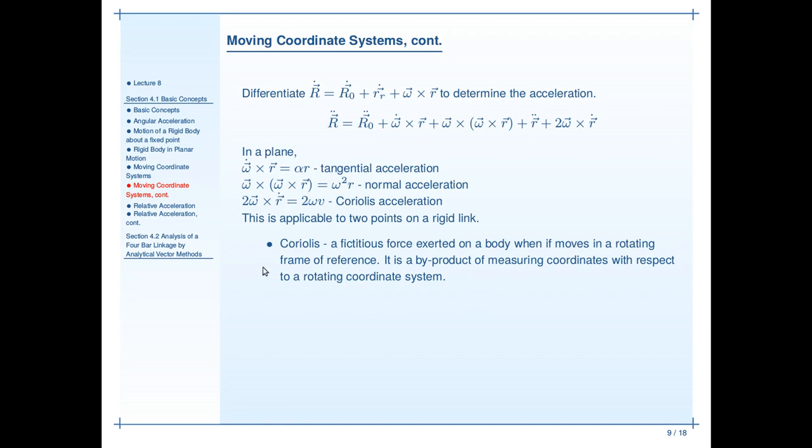It's a fictitious force exerted on a body when it moves in a rotating frame of reference. The byproduct of measuring coordinates with respect to a rotating coordinate system. So that's when you see it, and that's why you see it in meteorology, because the Earth is a rotating coordinate system, and we are measuring coordinates with respect to it. So just kind of a neat crossover.